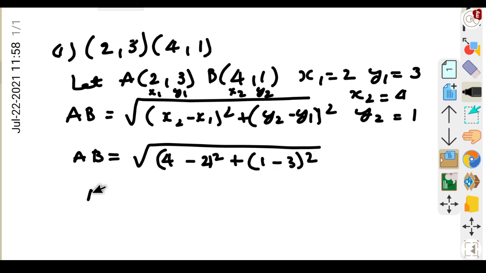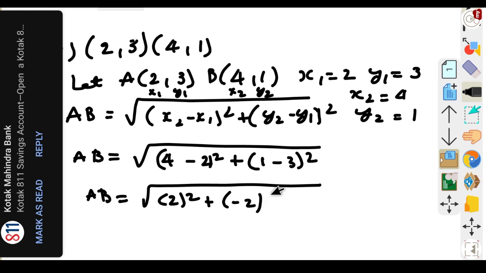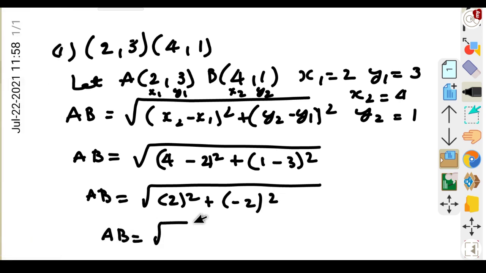So AB equals under root of 4 minus 2 is 2 square plus 1 minus 3 is minus 2 square. So AB equals under root of 2 square is 4 plus minus 2 square is plus 4.